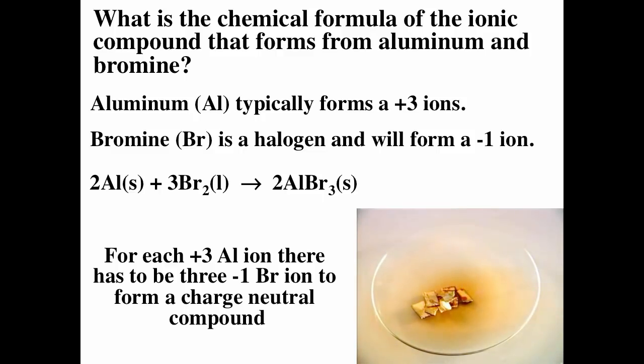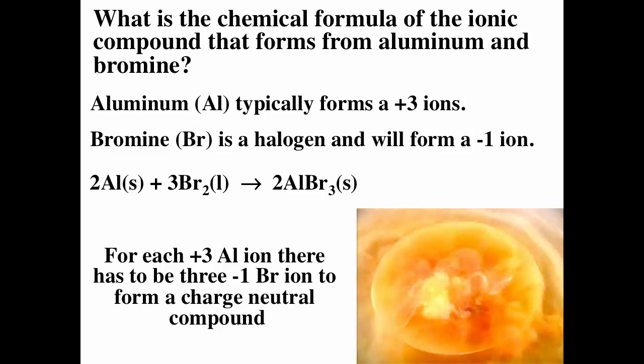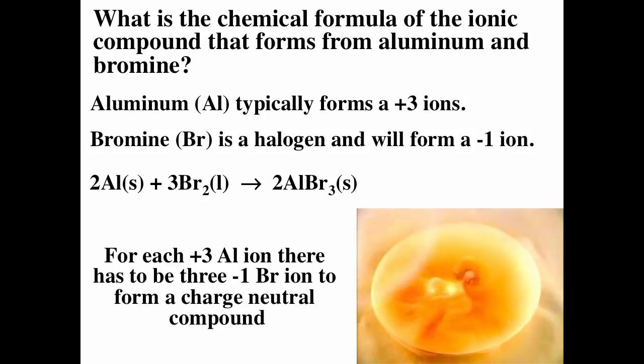At first, there is no reaction because of the protective oxide coating on the aluminum. An exothermic reaction between bromine and aluminum causes more brown fumes of bromine to be given off. White fumes are also given off.